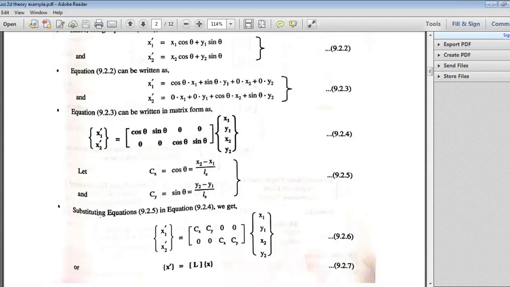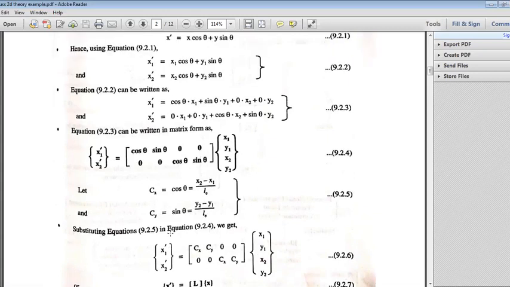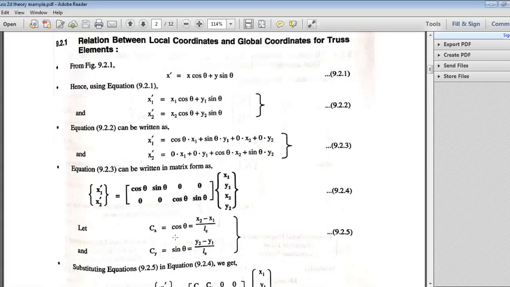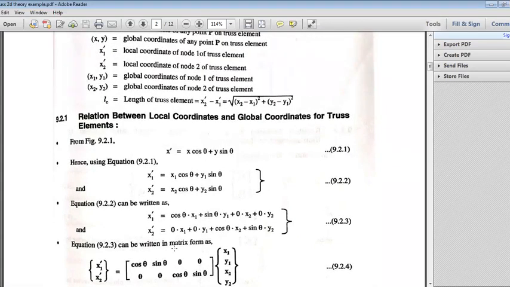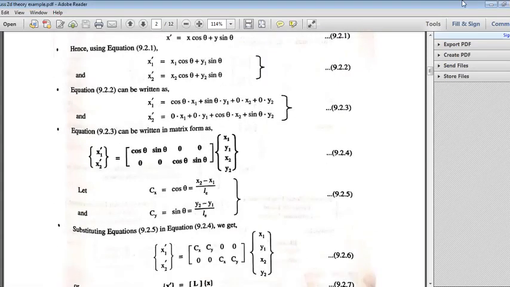Here the new thing you have to keep in mind is that Cx is equal to cos theta and Cy is equal to sin theta. So cos theta is nothing but x2 minus x1 upon Le, the length of that particular truss element. Similarly, Cy is equal to sin theta, which is y2 minus y1 upon Le.